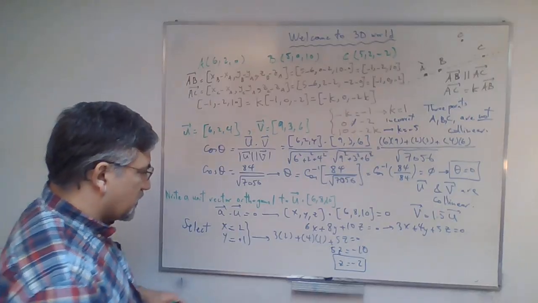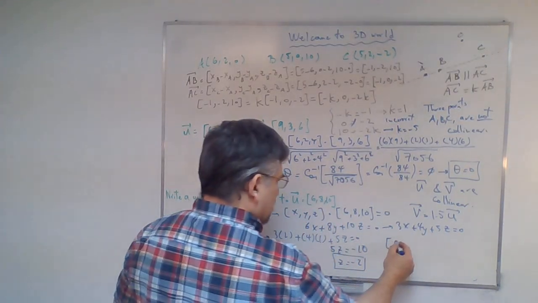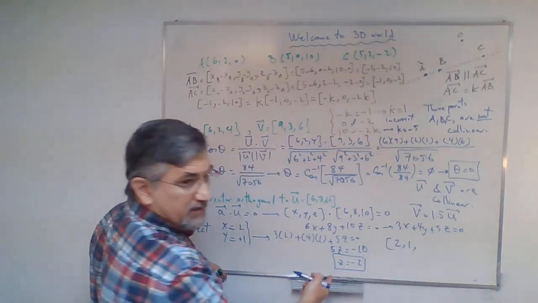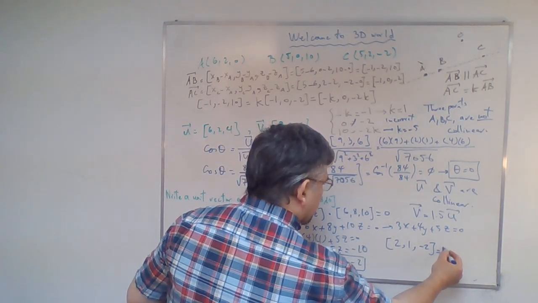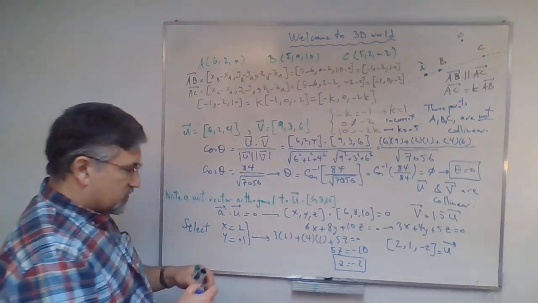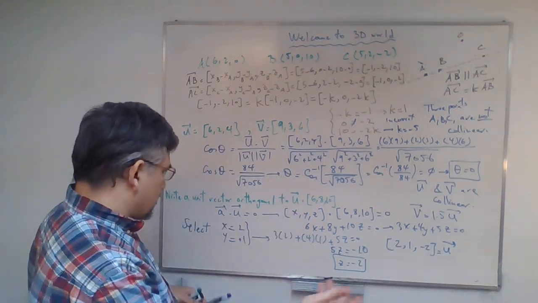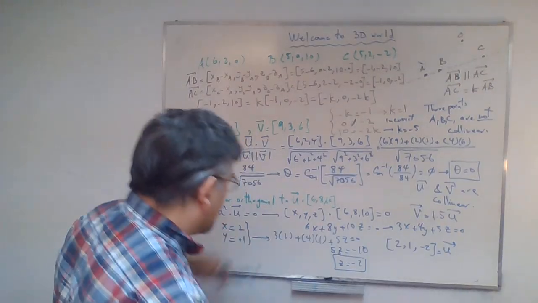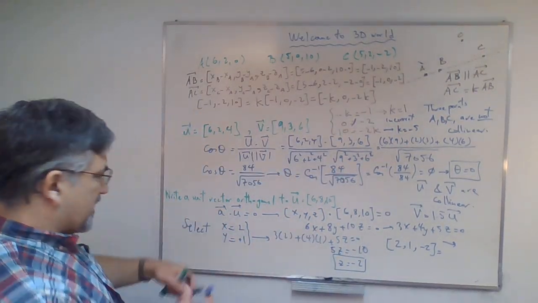Okay, so we are saying that if you have a vector with these components of 2, 1, and now we found negative 2, then you can say that this vector is orthogonal. Oh, sorry, not u. I have to change the name because u was the original one. I called it A.